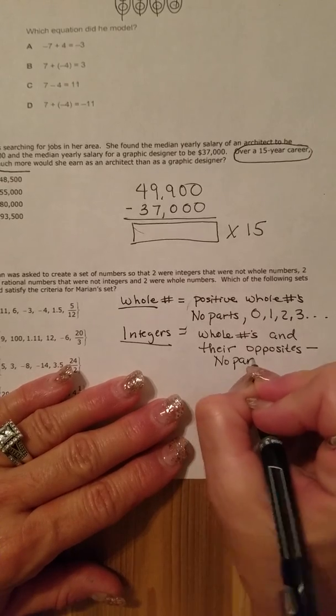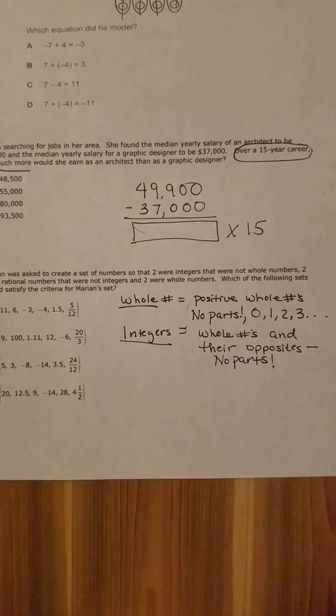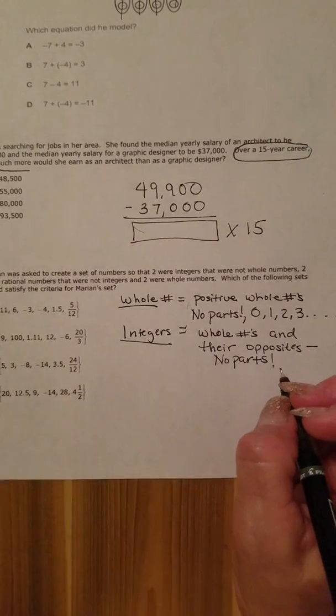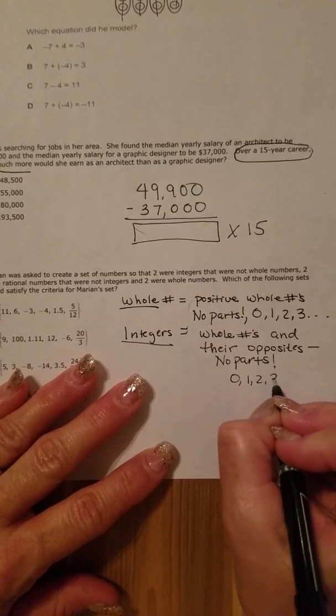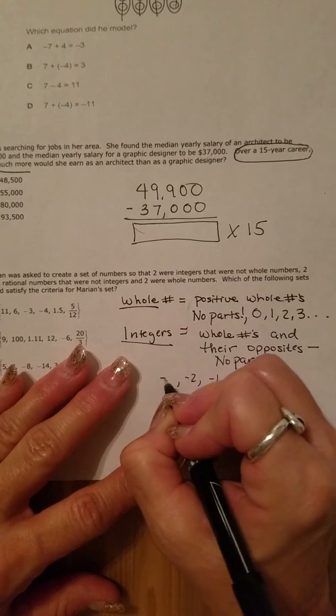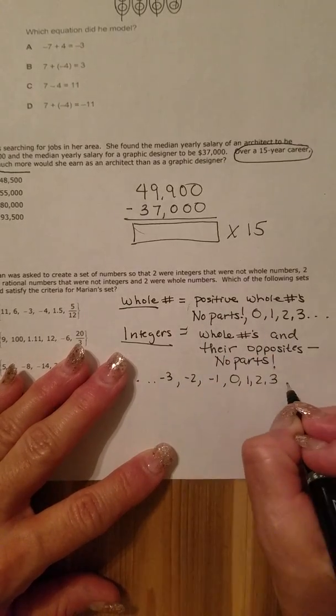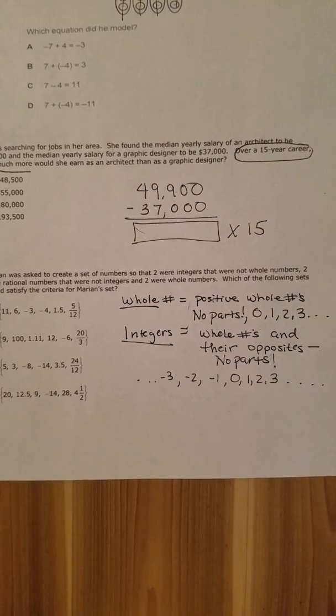Remember, the only place you go for parts is rational numbers, because rational numbers is our AutoZone. So that would be 0, 1, 2, 3, or it could be -1, -2, -3, and so on this way, and so on this way. Okay, no parts, positive whole, or negative whole numbers.